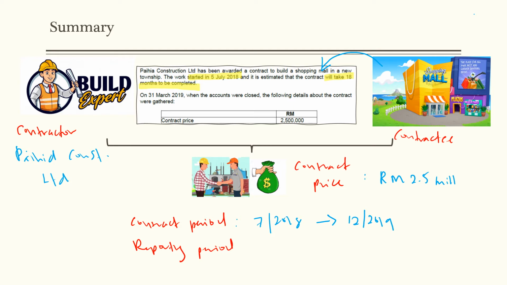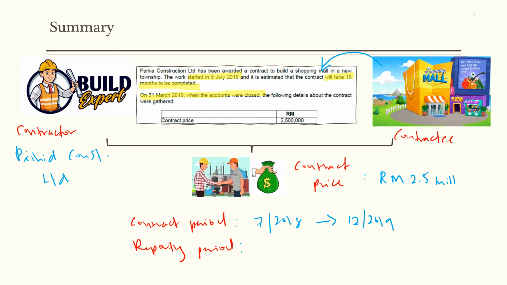Since we need to prepare the construction in progress account from the point of view of the contractor, another important information that we need to know is the reporting period for Paihia Construction Limited. Based on the question, the accounts of the company will be closed on 31st March 2019.